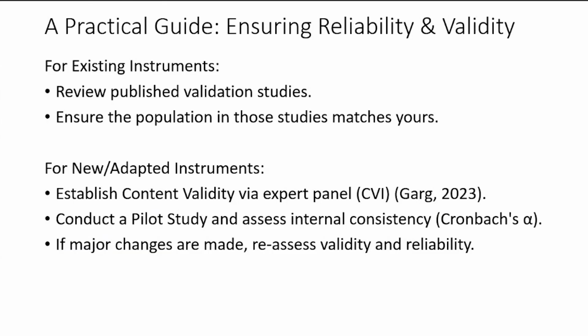You give the experts, they rate the instrument, then you calculate based on our scenario above. Then for the reliability, you can conduct a pilot study. Then you calculate the Cronbach alpha to see that the instrument's Cronbach alpha is within the accepted range, which is a strong accepted range.